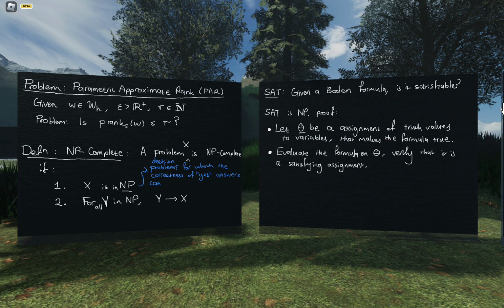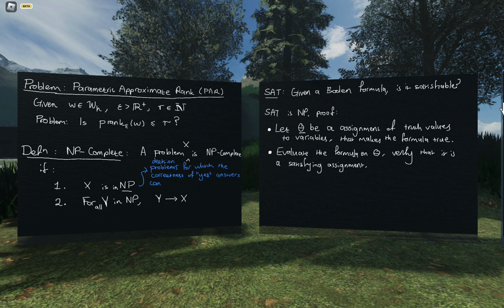Evaluating a formula is easy to do on a deterministic machine. You don't have to do any guesswork to get the output of the formula if you know what the input should be. So you can verify that it is indeed a yes answer if someone can produce this certificate.